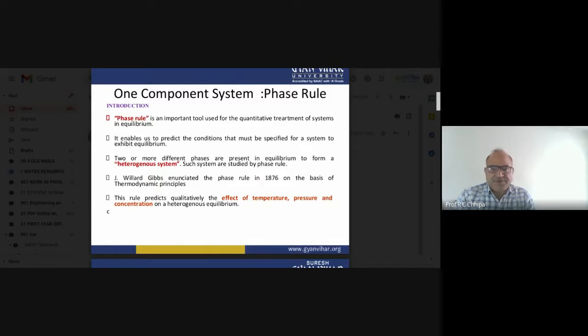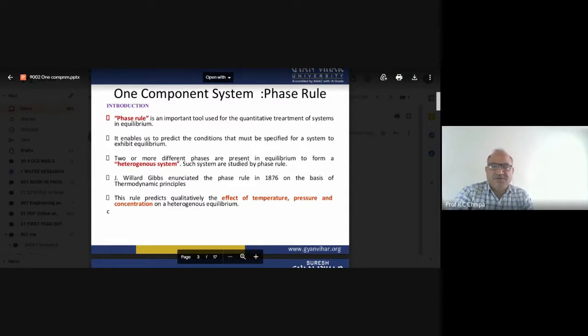J. Willard Gibbs enunciated the phase rule in 1876, about a century and a half ago, on the basis of thermodynamic principles.